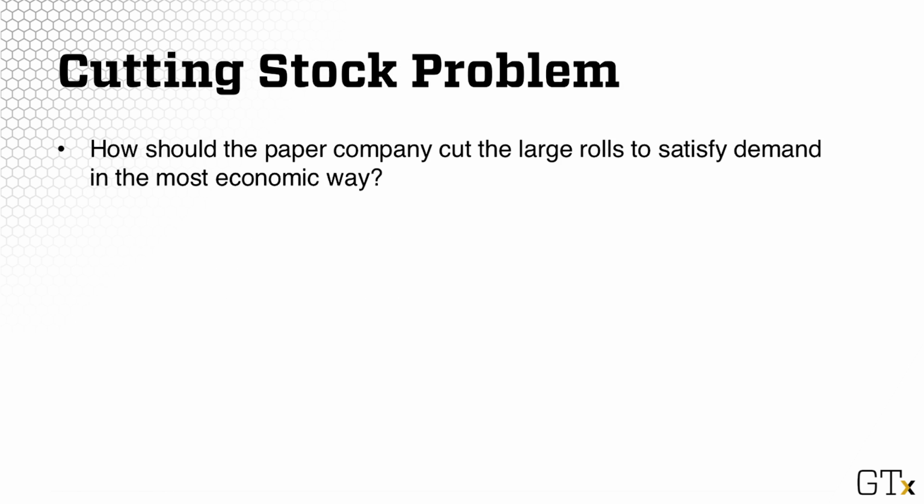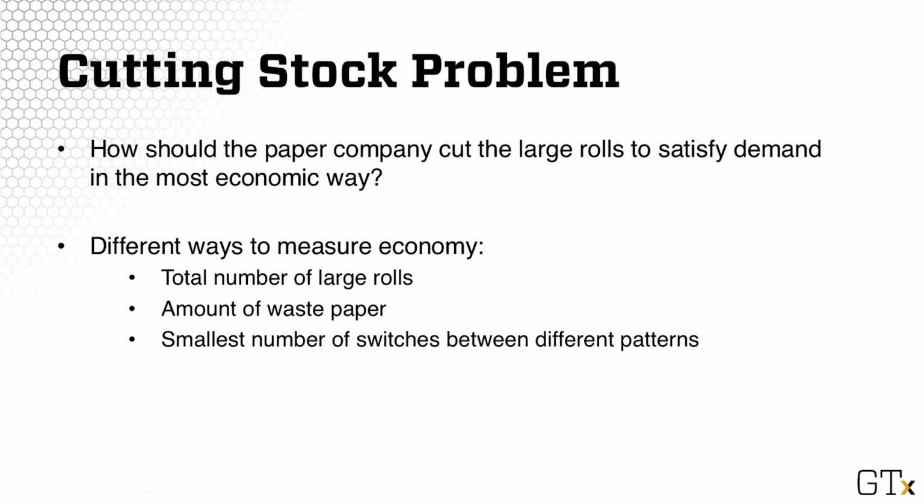So what is the cutting stock problem? It is how the company should cut large rolls to satisfy demand in the most economic way. There are different measures of what we mean by the most economic way. For example, you can ask for the total number of large rolls cut to satisfy demand to be minimized. This is actually going to be our objective. You can also ask about the amount of waste paper, how to cut such that the amount of waste paper is minimized.